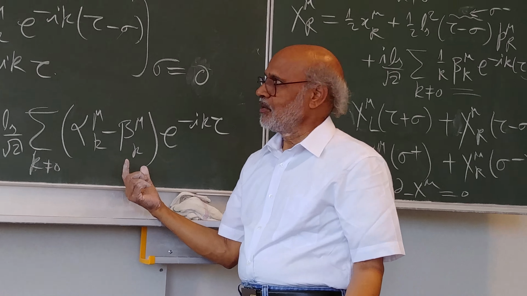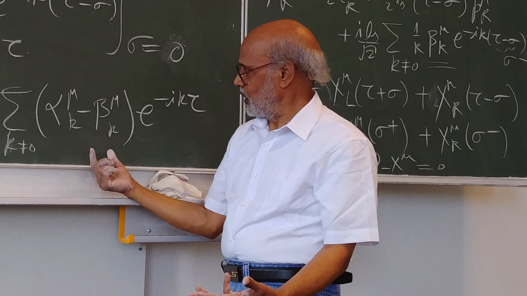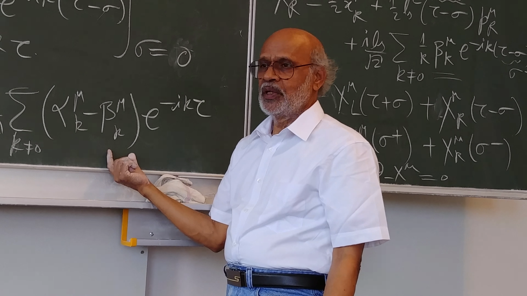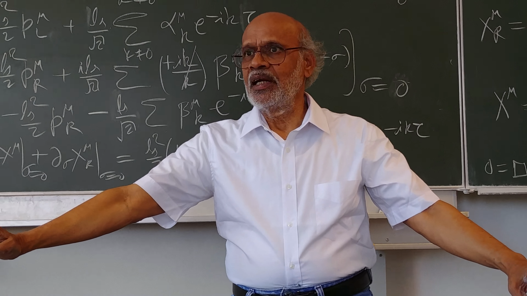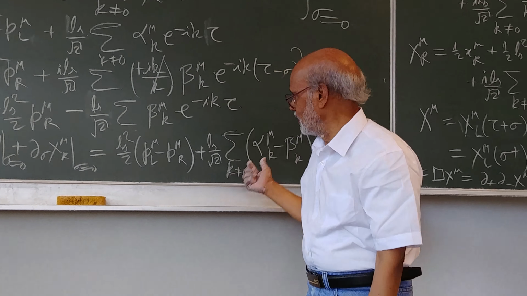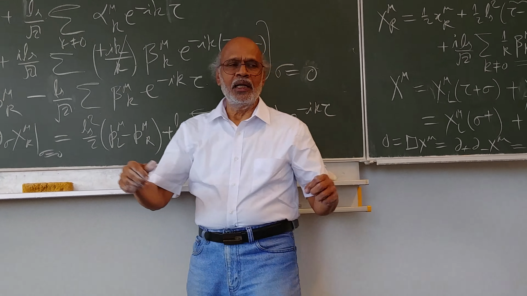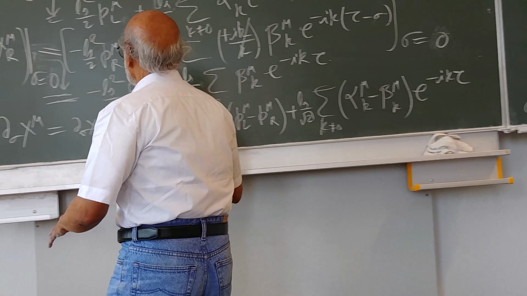So that is the physical outcome of this condition: alpha mu k turns out to be beta mu k, which means we have the same Fourier modes for the left and right moving waves. And we also have P mu L equal to P mu R. So these are the two outcomes of this.